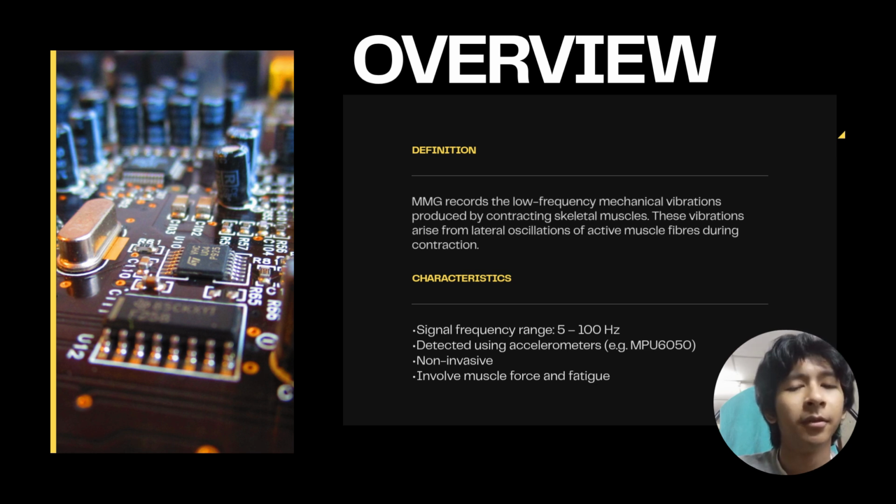It is quite non-invasive compared to EMG, which sometimes requires the patient to be inserted with some rods or electrodes inside their body to further increase the accuracy of the measurement. And like we mentioned before, an MMG sensor mostly deals with the muscle force and also the muscle fatigue.